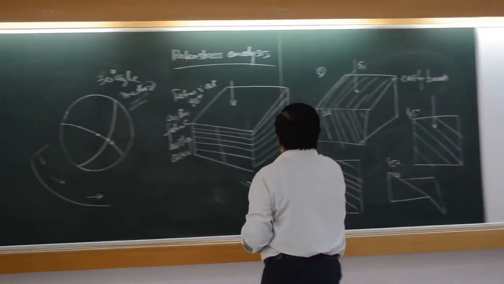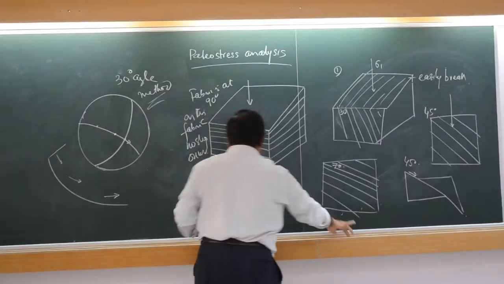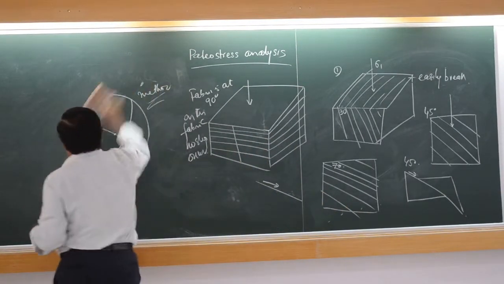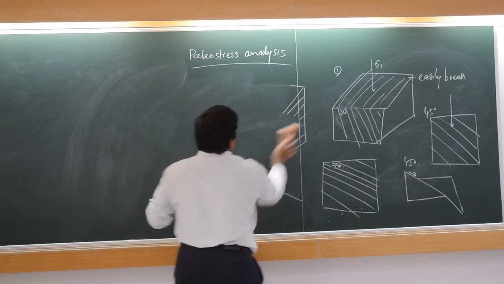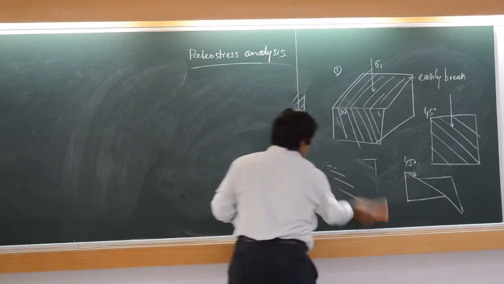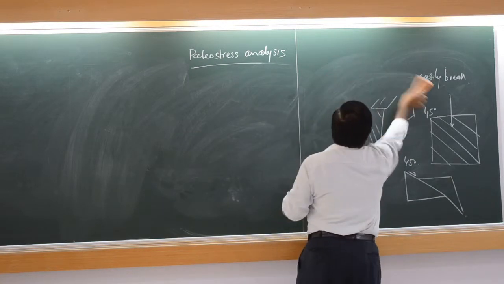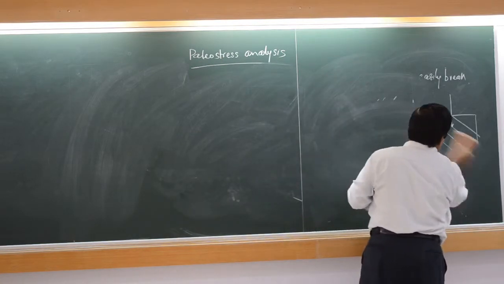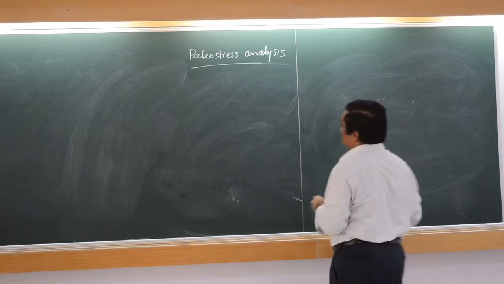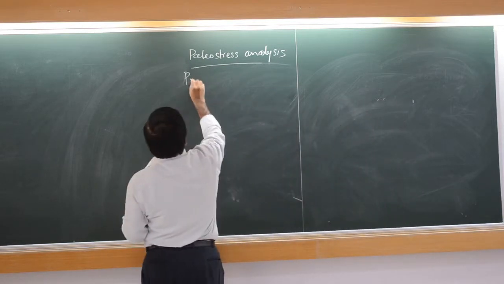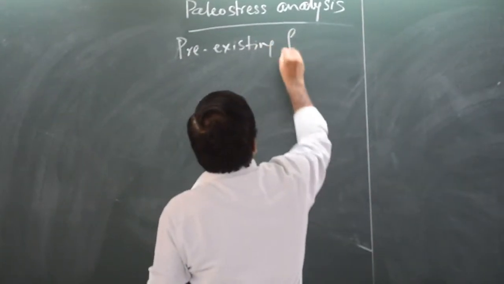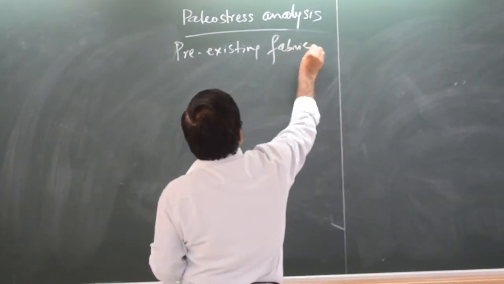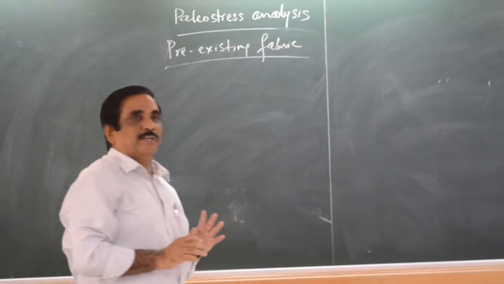Now, for this type of things, what he does is, for a pre-existing fabric, this is a pre-existing fabric. This is a pre-existing. Understood now?